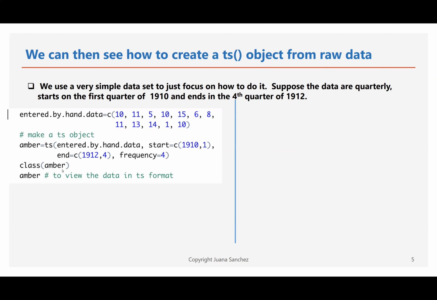If you type class of the new object you created, which is now a TS object, it's going to tell you that it's TS. And then you can visualize the data, and it will look like that.